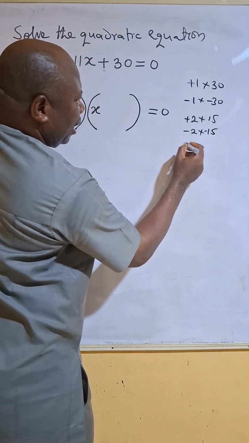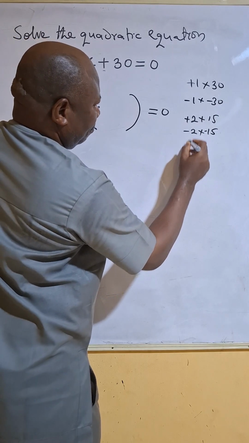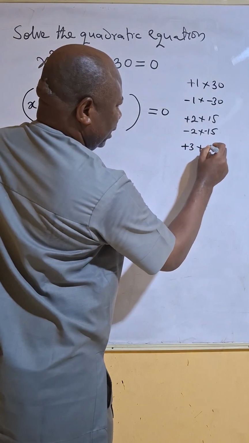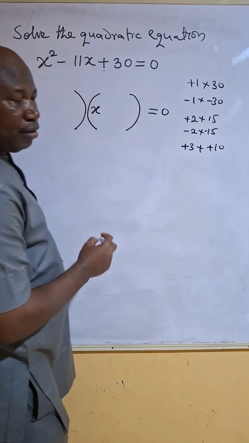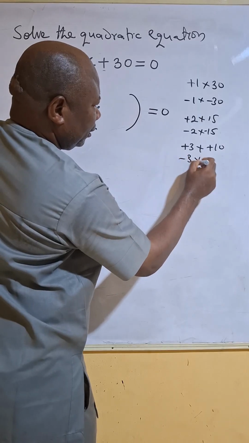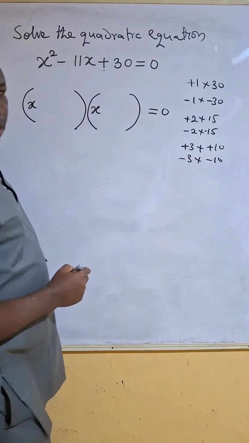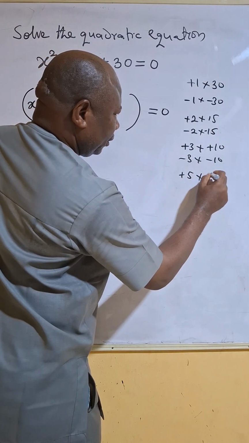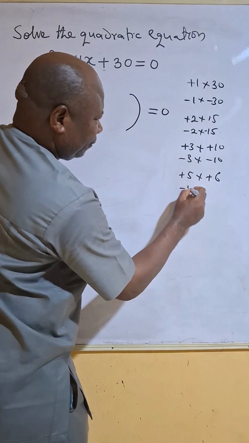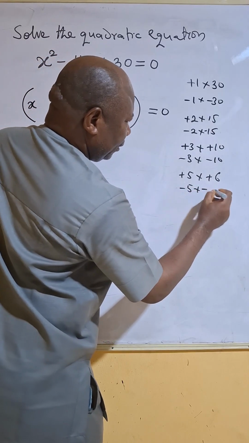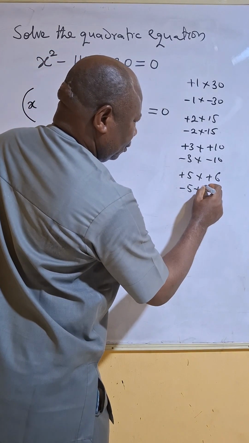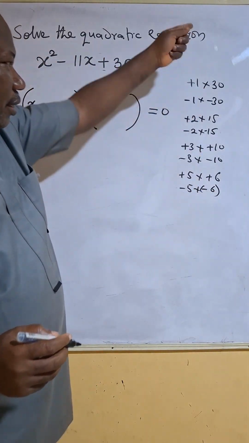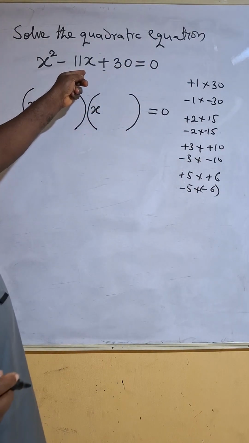It is possible for us to have plus 3 times plus 10, or minus 3 times minus 10. It is also possible for us to have plus 5 times plus 6, and then minus 5 times minus 6. Now, let us look at the ones that are suitable for this kind of question.